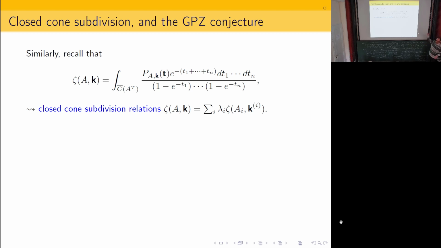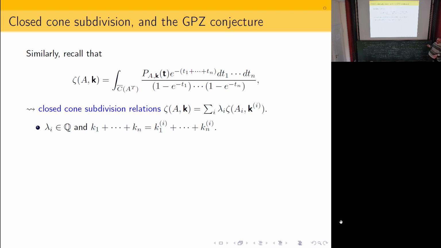You don't have to add the measure zero lower-dimensional points anymore. And well, I'm skipping things here, but what you get by decomposing this is some linear combination of other conical sums, where the coefficients lambda_i are just rational coefficients, and the weight, as in the open subdivision case, is preserved.